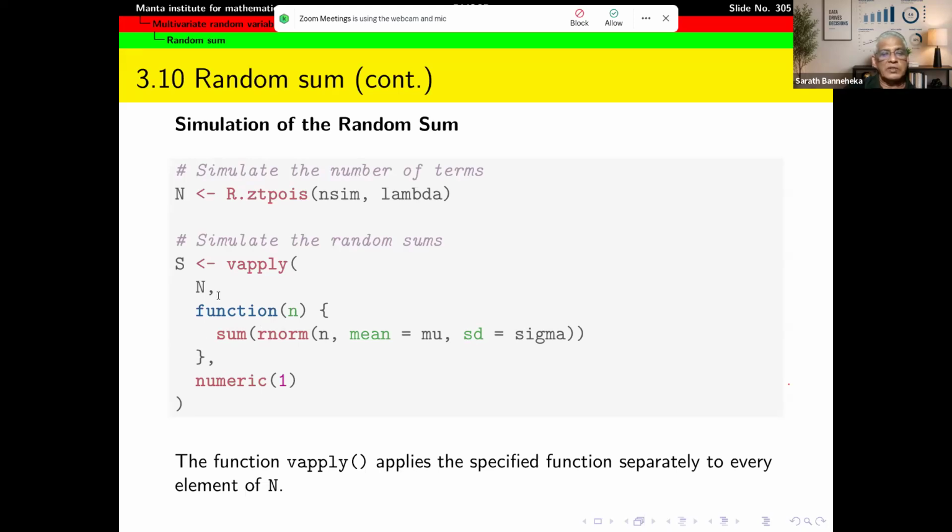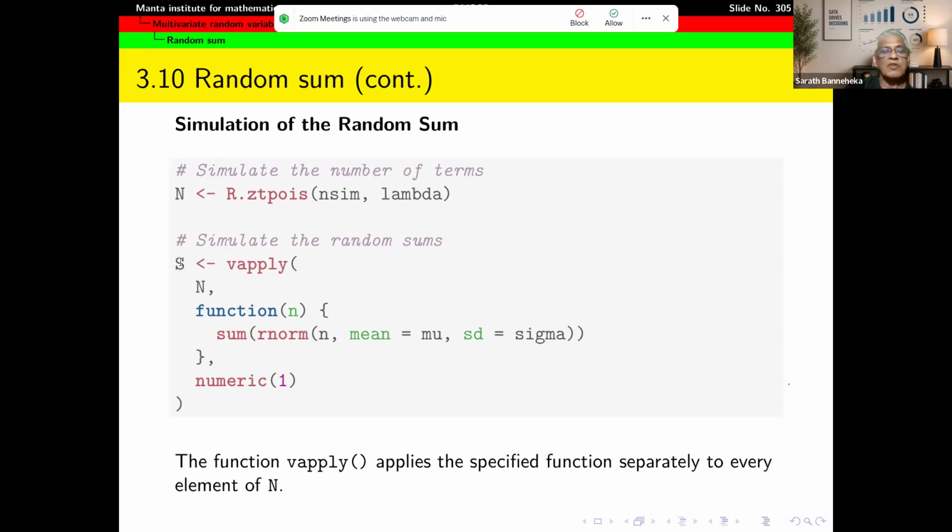This is the function that is applied to values of this N. When you apply this function, the first n will be the first number of this capital N, the second n will be the second number of this capital N, and so on. So for each, I get a sum of a certain random number of normal random data.